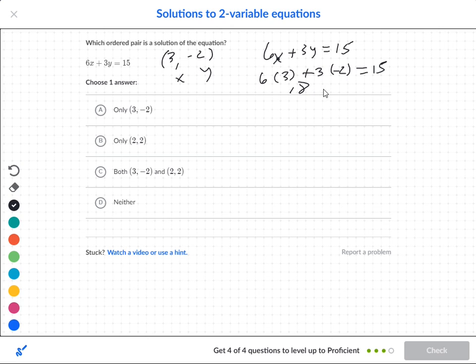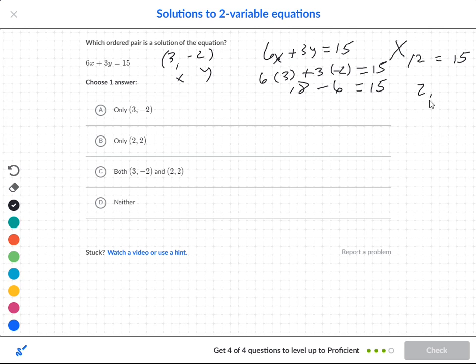So this is 18 minus 6, which is 12, is equal to 15. And again, that's not true. So the positive 3 and the negative 2 did not work, since 18 minus 6 is 12, not 15.